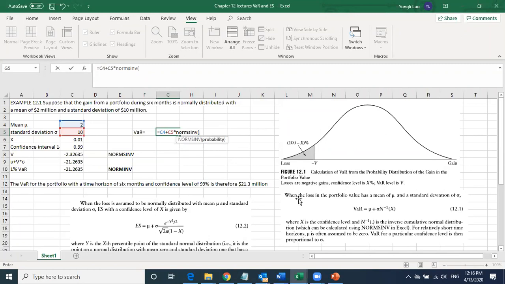You can see it asks you for the probability. The probability is 1%, so we put in 1%, right? So the VaR you have is 21.26. Okay, that's exactly how you can get to the 1% VaR of 21.26.